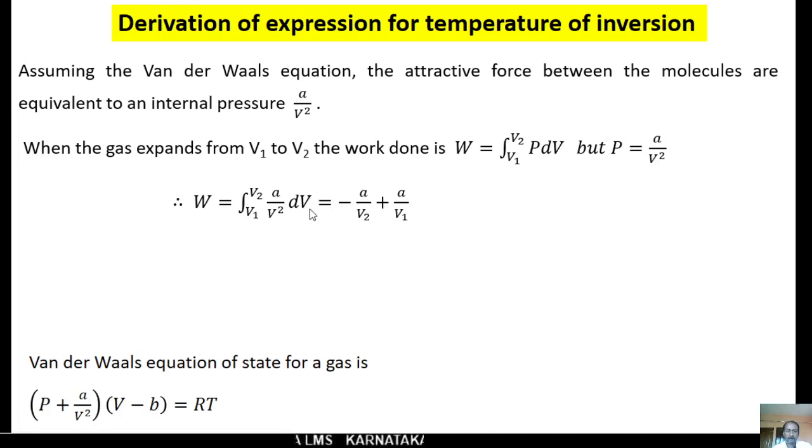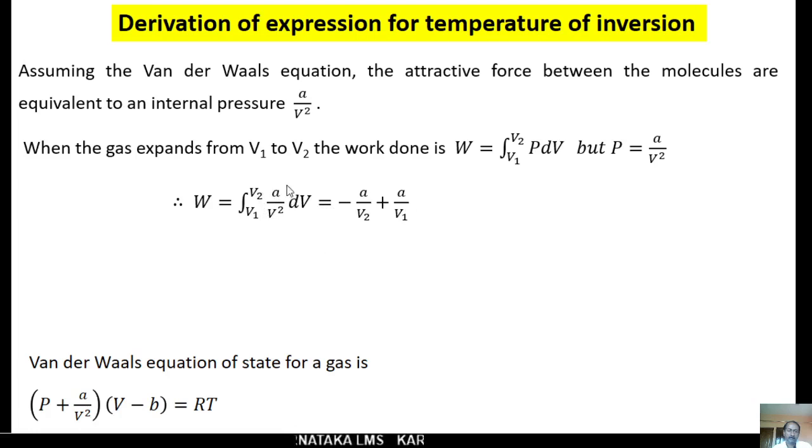Therefore, work done equals, just substitute the pressure value A by V square in this equation, we get integration of A by V square with respect to dV between the limits V1 V2. After integrating this one, we get minus A by V2 plus A by V1.